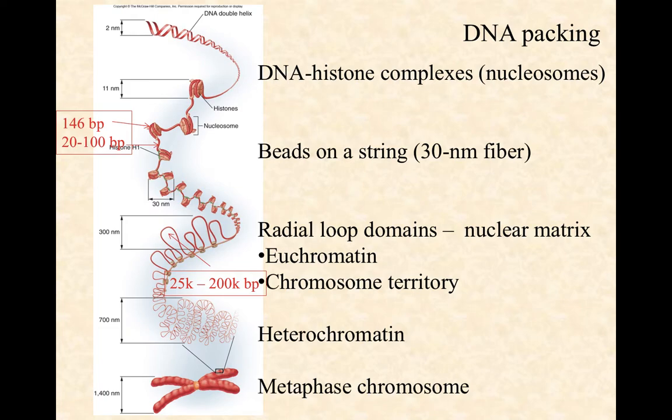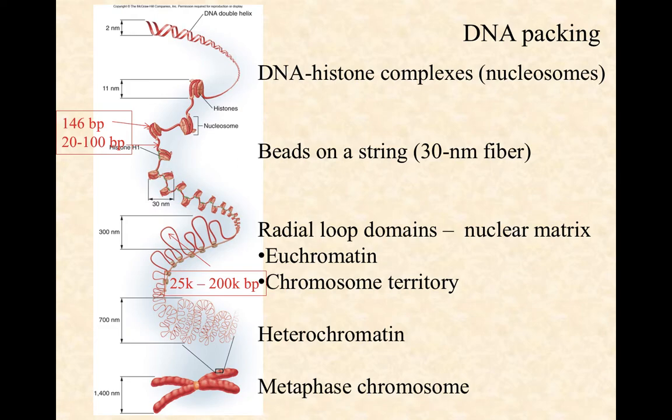Even though that DNA is physically contacting these proteins, it's still accessible for replication and for transcription and ultimately translation. And so these nucleosomes aren't somehow packing the DNA away in a manner that takes them out of the picture. That DNA is still very much accessible by the machinery of replication and transcription.